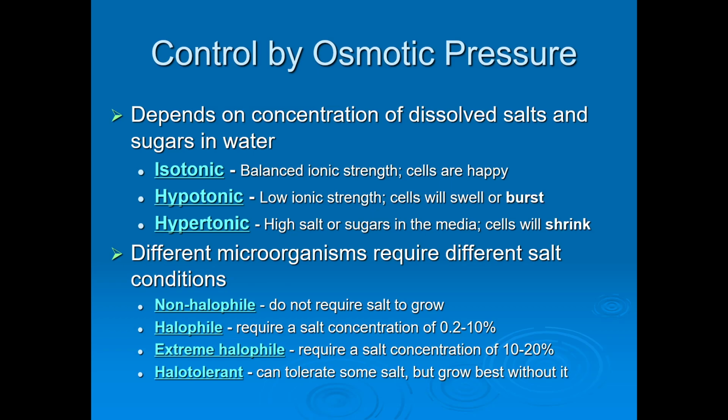So isotonic is going to have a balanced ionic strength, and water isn't going to be moving in or out. But if it's hypotonic, then there's going to be a lower ionic strength, and the cells are going to swell. The water is going to be attracted inside in order to balance it out, and then eventually it can burst. And then with hypertonic, there's going to be a high salt or sugar in the media, and that's going to cause the cells to shrink, okay?